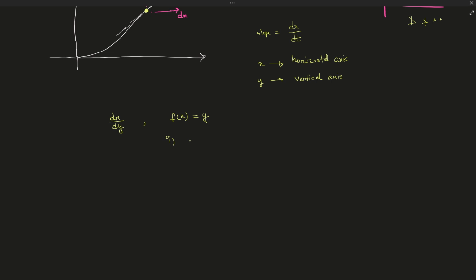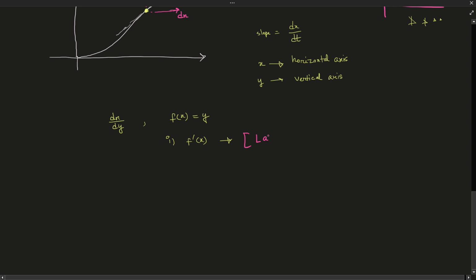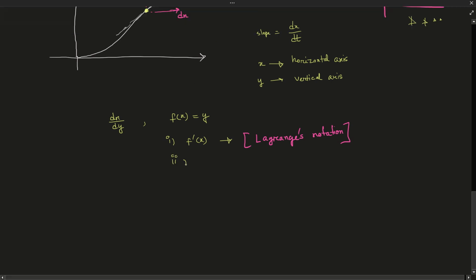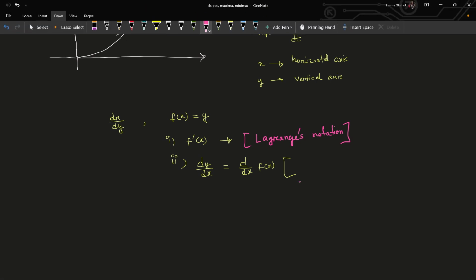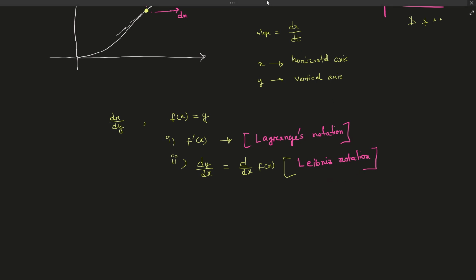One of them is f prime x, which is Lagrange's notation, and another one is dy by dx, or d by dx of f of x. This is called Leibniz notation.